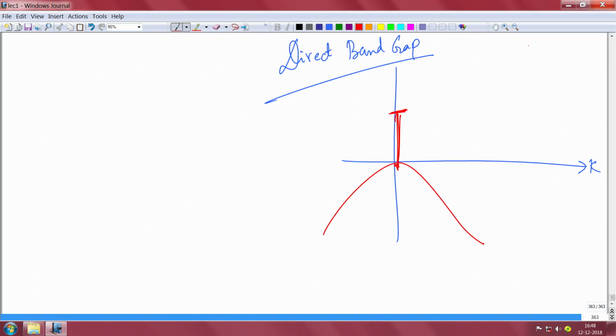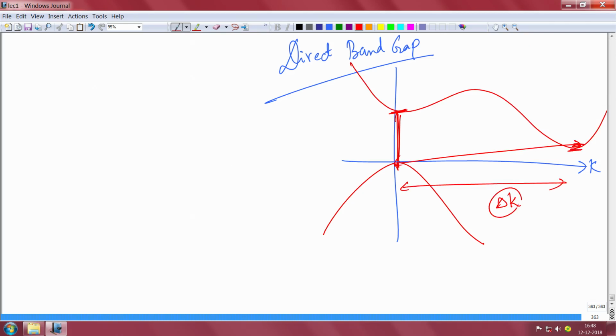Because if your conduction band minima is somewhere here, then electron-hole recombination will have to change a lot of momentum. That momentum change makes it very inefficient, you cannot emit light. So that's why you need direct bandgap materials. Silicon cannot emit light. Remember that.